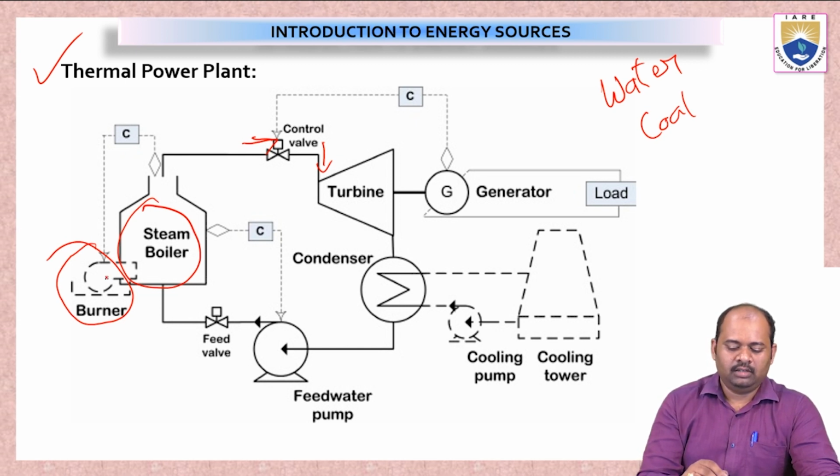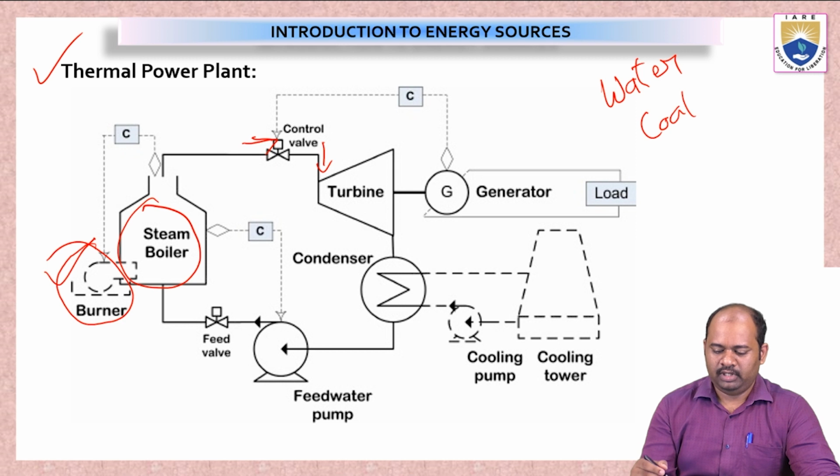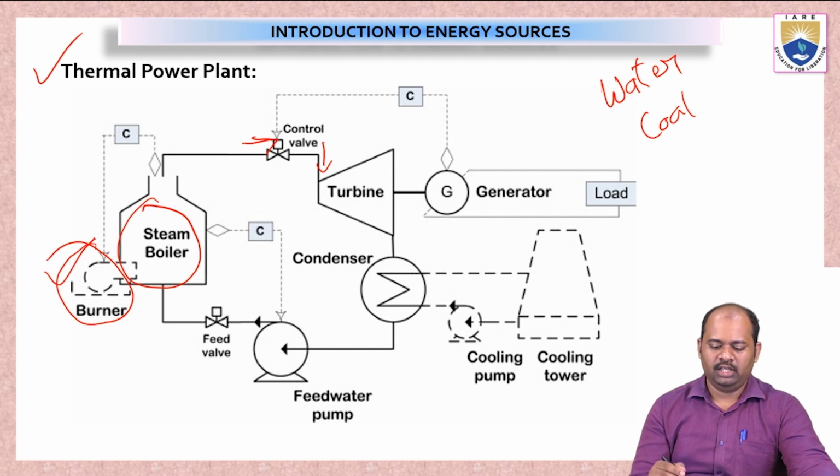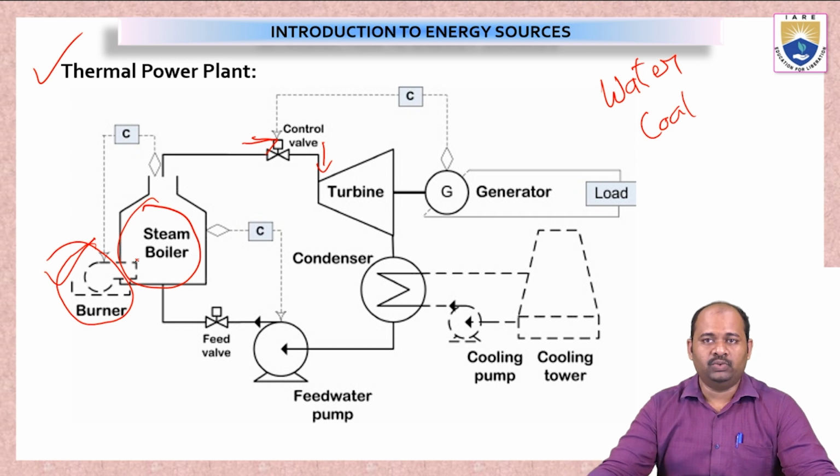So initially the heat which is coming from the coal will make the water boil and form steam. This steam is sent into the turbine through a nozzle where it will rotate the turbine. The turbine will generate some electricity with the help of the electric generator. Now this steam is taken back into the condenser, and this condenser will cool down the steam, and this steam will be converted into water, and this water can again be pumped back into the steam boiler for reuse.